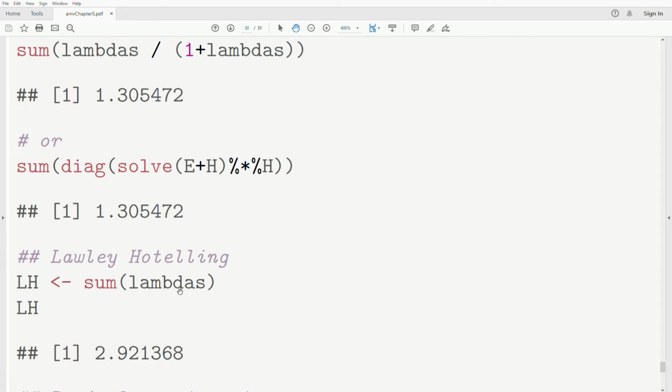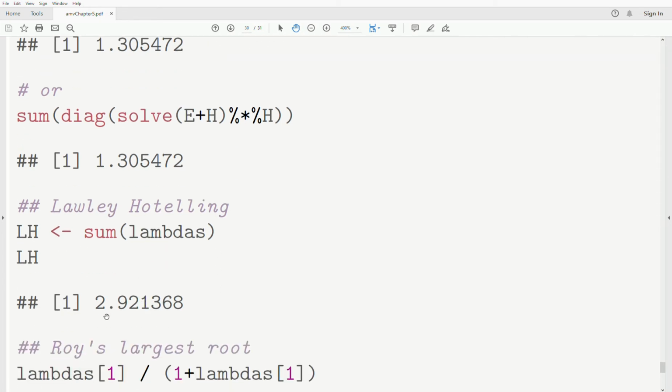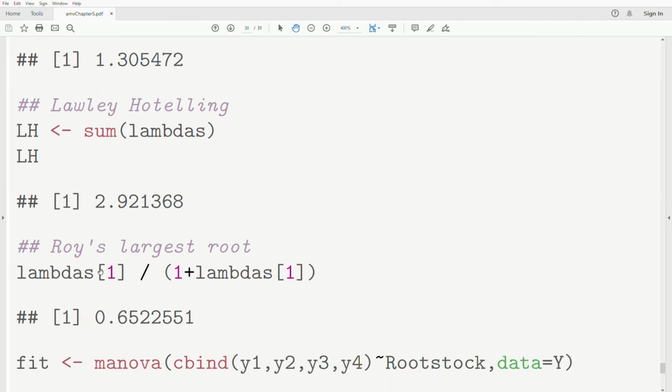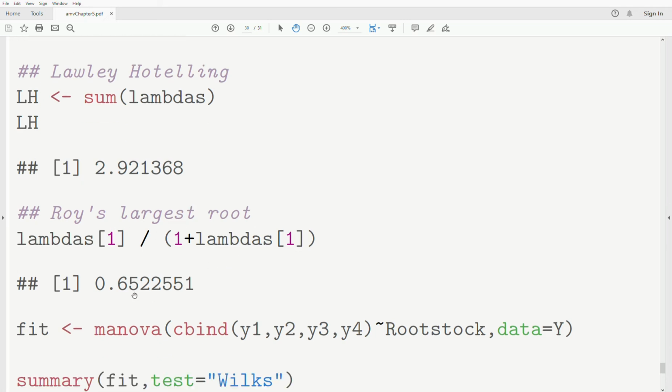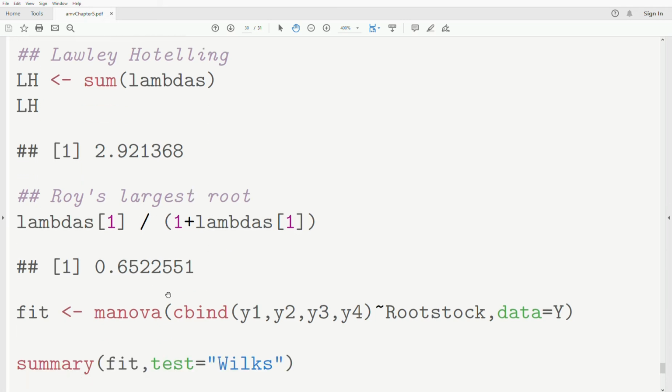Lawley-Hotelling is the sum of the lambdas, which is 2.9. Roy's largest root, you just take the largest eigenvalue and calculate it this way, and it's 0.65. And those are the values.